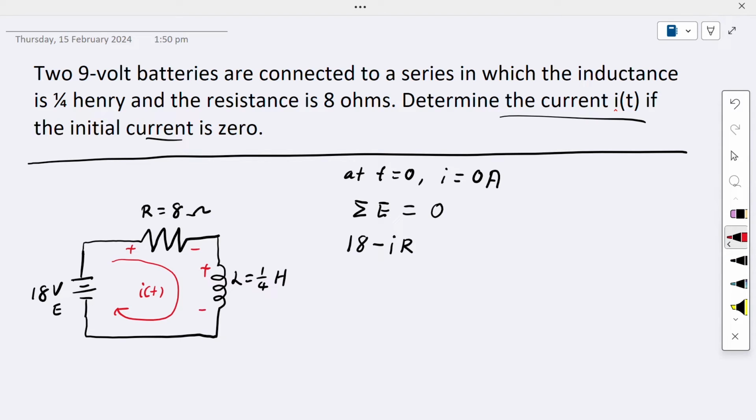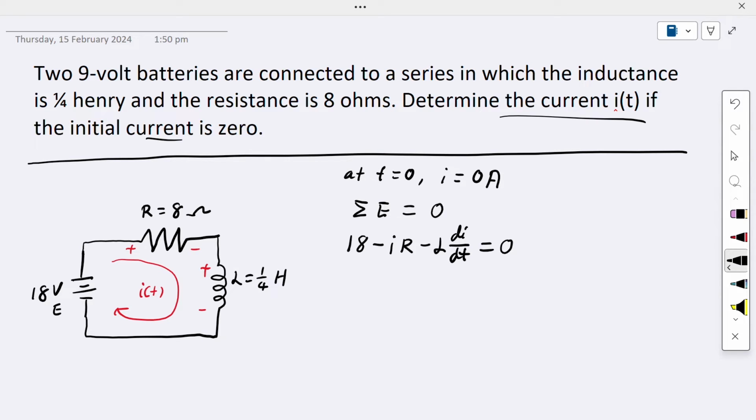When current passes through the inductor, we have a voltage drop, so we put a negative sign, and the voltage drop of the inductor is the rate of change of current times the inductor value. And that must be equal to 0.